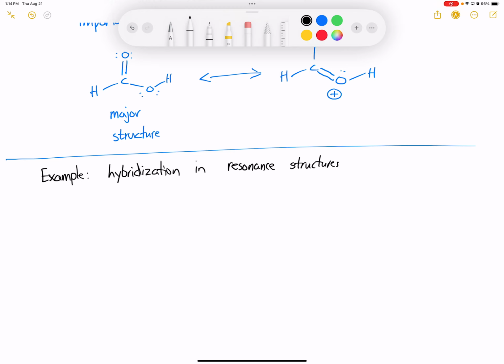So what I want you to do here is determine the hybridization and molecular shape of nitrogen in aniline.